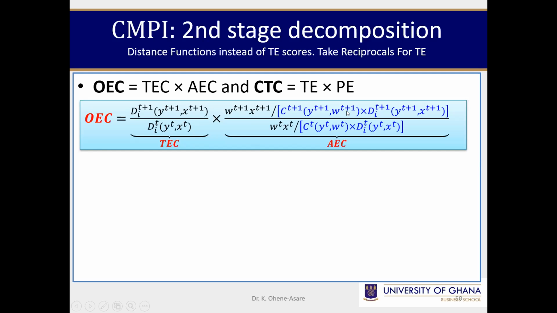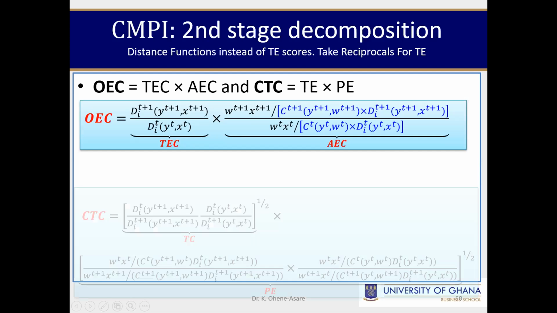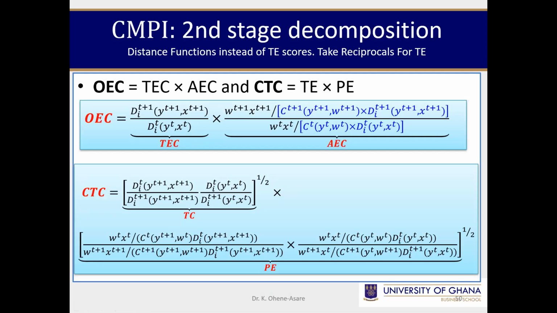So this value here, this CT plus 1, we know it already. How do I know we know it? Well, we know it because we calculated it before.